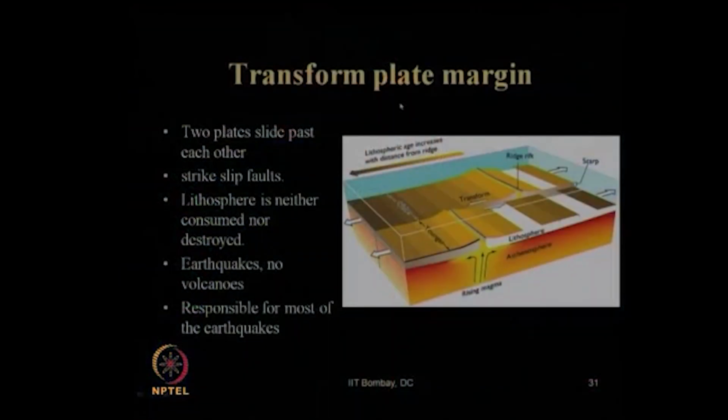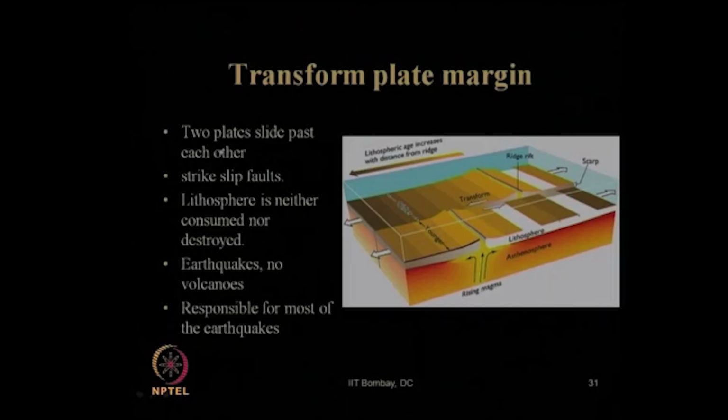So, after divergent and convergent plate boundary movement, the third type of plate boundary movement is the transform plate margin. As we can see in this slide, this picture shows how the transform type of plate boundary movement occurs.